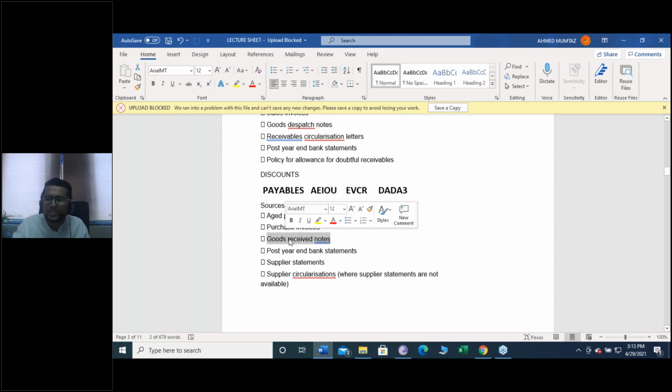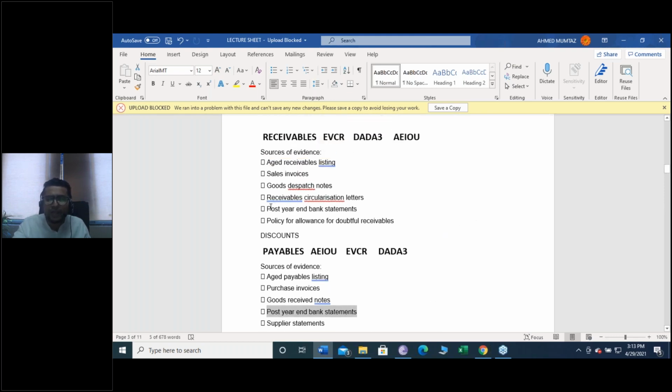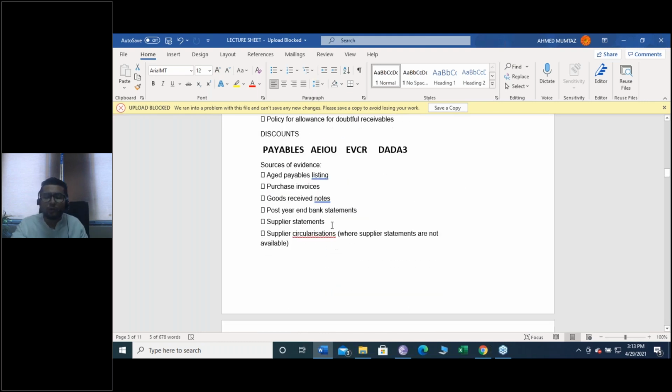Just like the goods dispatch note, now it's time for the goods received note. Just like the post year-end bank statement, where you were verifying whether the payment has been received, now you would like to evaluate whether in the post year-end bank statement the payment has been made. Similarly, there is a statement called supplier statement. What is a supplier statement?